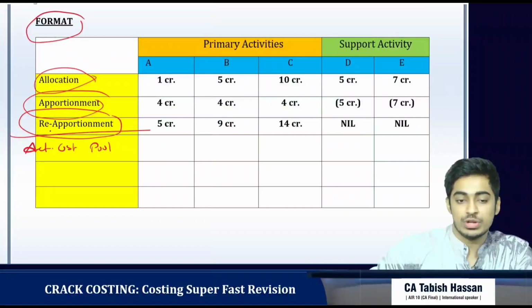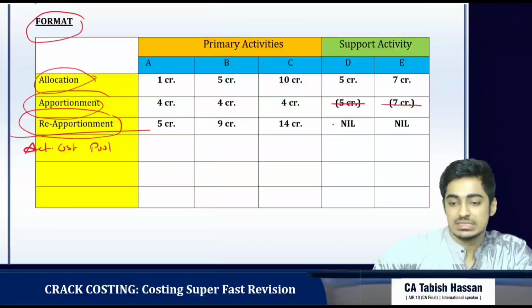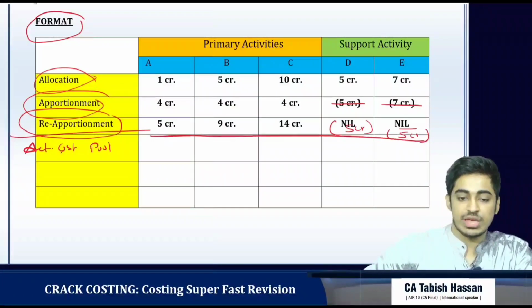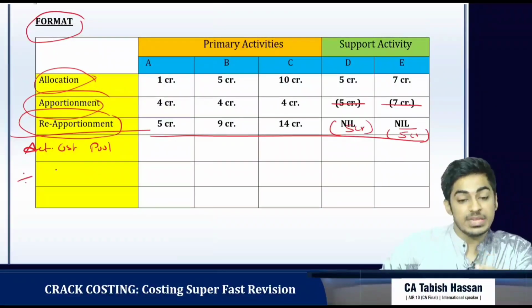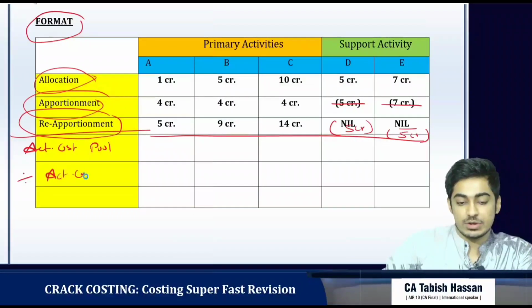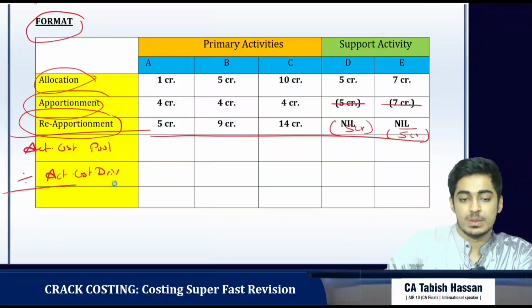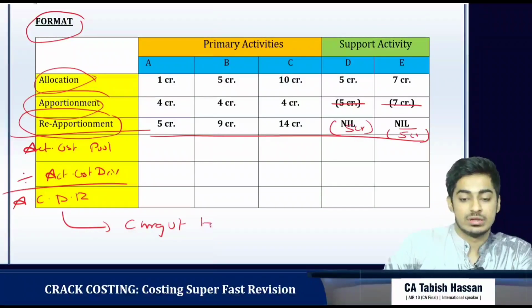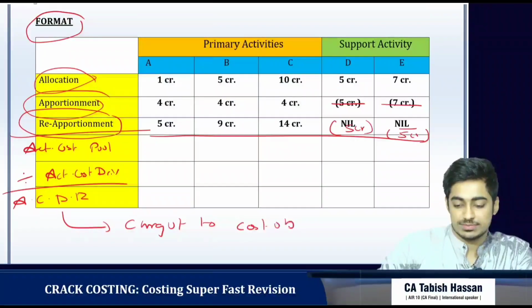So what we do in reapportionment is nullify the amount in support activity and transfer it to the primary activity. So we've got the activity cost pool, we divide it by a basis, that is activity cost driver. We get the activity cost driver rate, and based on this, we charge overhead to the cost object.